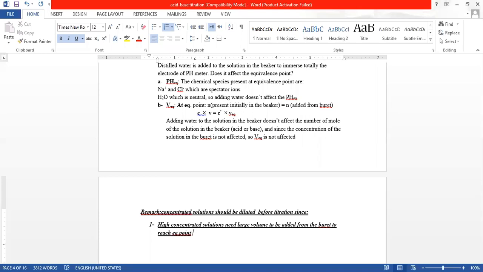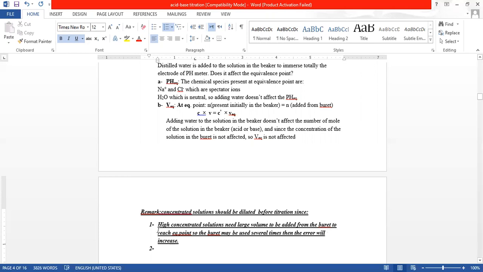So the burette may be used several times, then the error will increase. The error will increase.